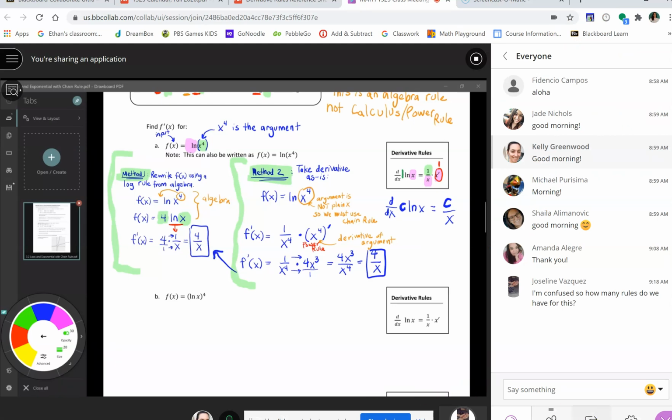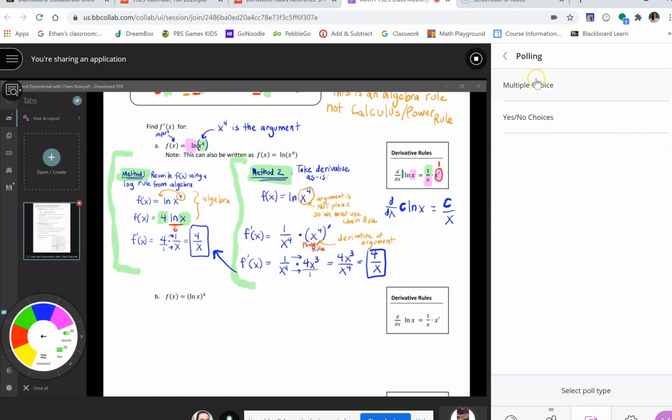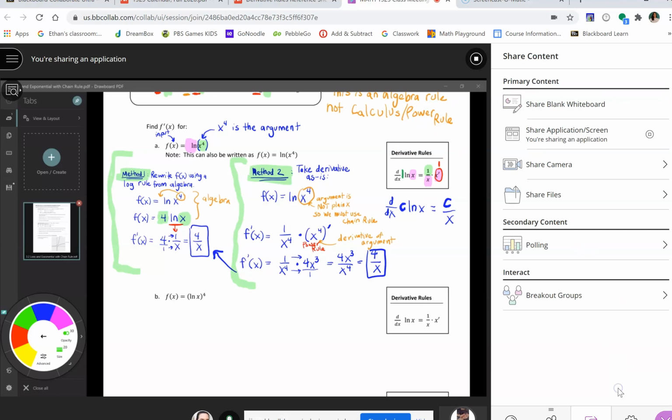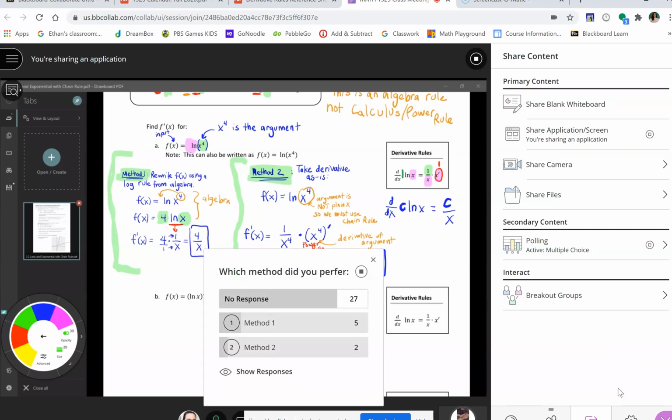Yeah. Okay. So let me send out a poll because I'm just curious real quick, which method did you prefer? Method 1 or method 2. Okay, here it goes. Ooh, it's pretty close.